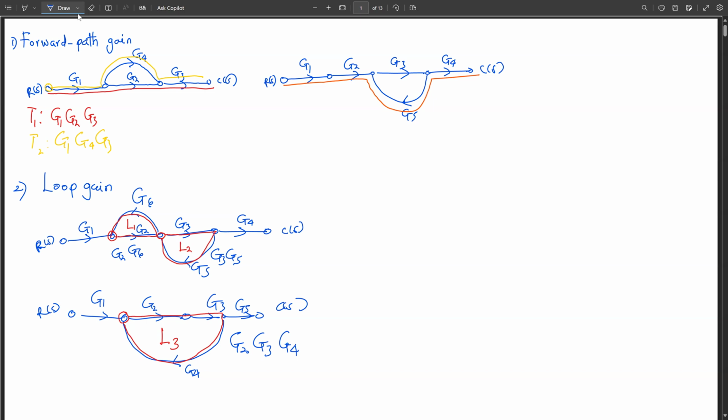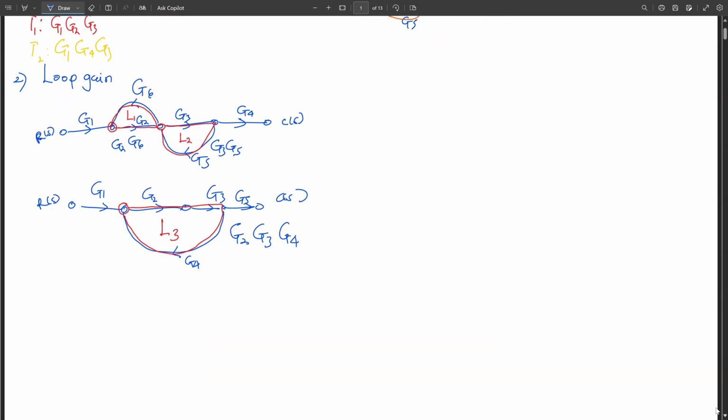Okay. Now, the third thing that I'd like to talk about is the non-touching loops, right? For the non-touching loops, we have types: taking 2 at a time, taking 3 at a time, taking 4 at a time, depending on the complexity of your block diagram or signal flow graph.